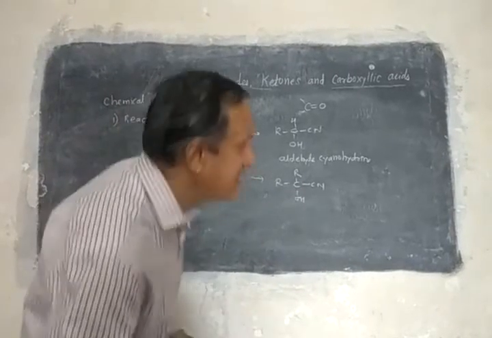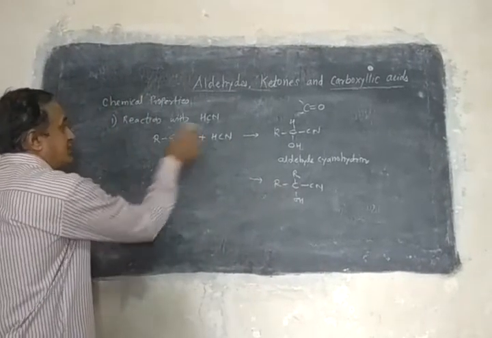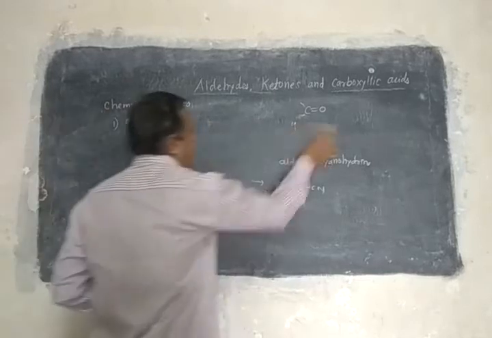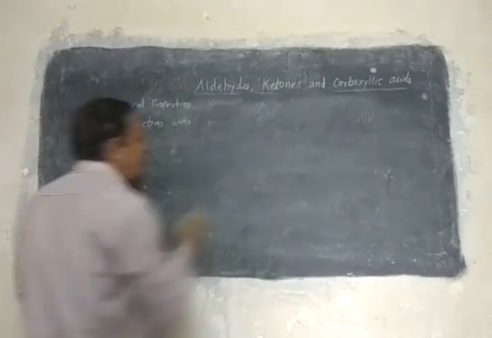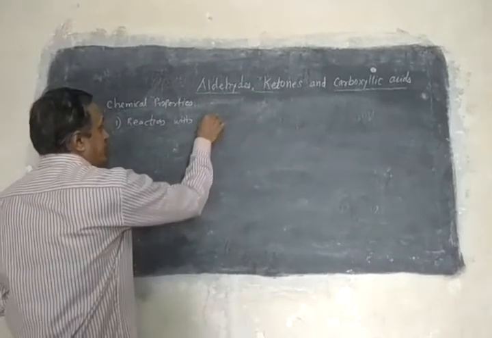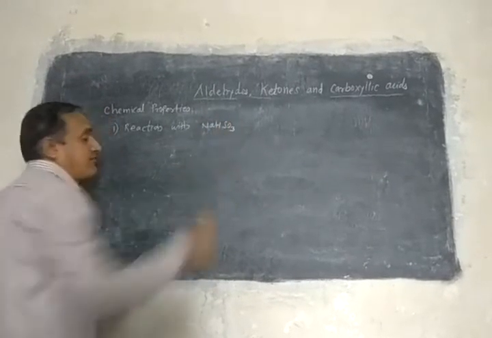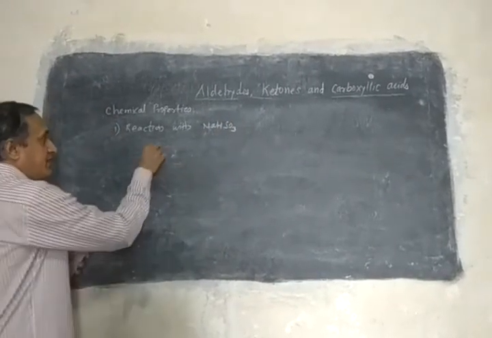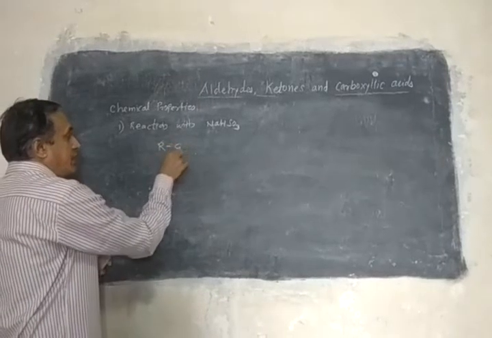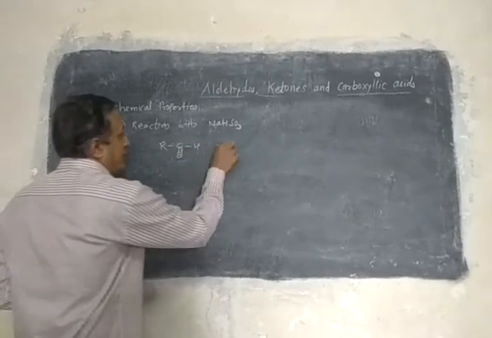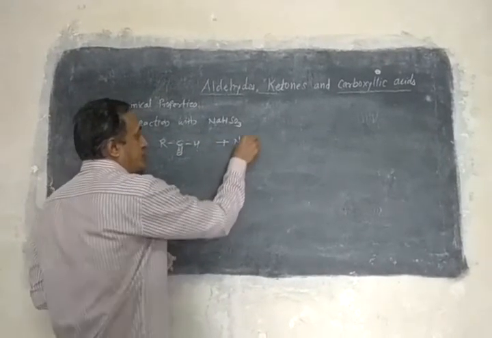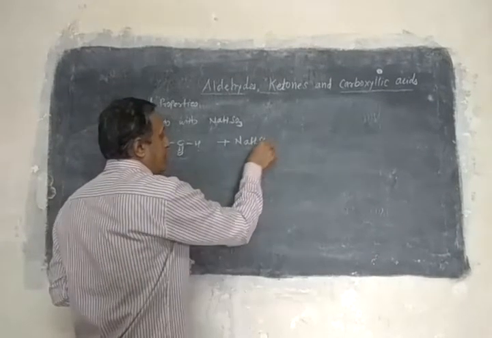Now see the second reaction, the reaction with sodium bisulfite, NaHSO3. Again we take an aldehyde, RCHO, plus NaHSO3.